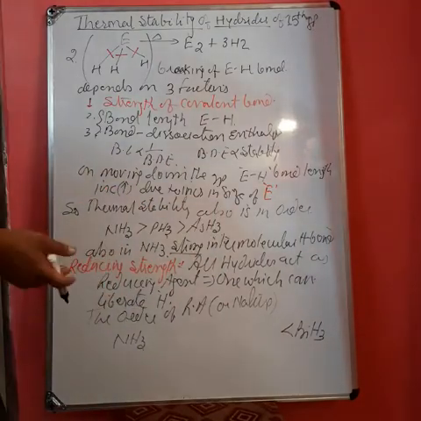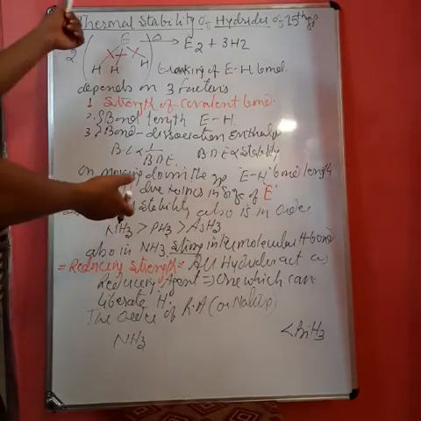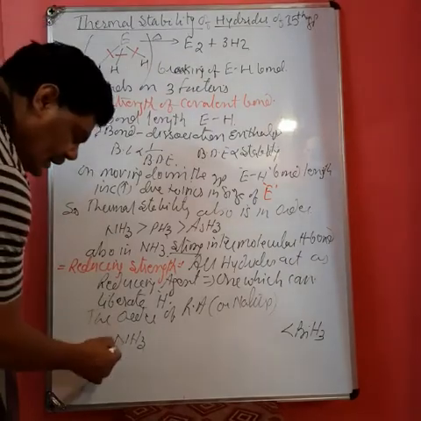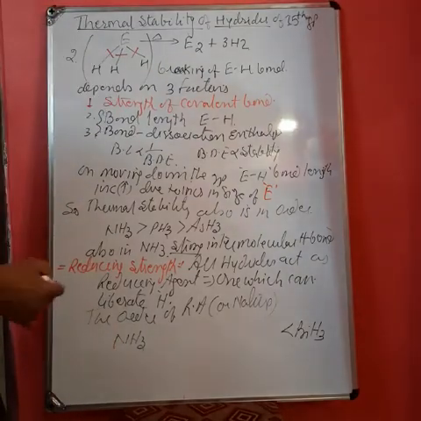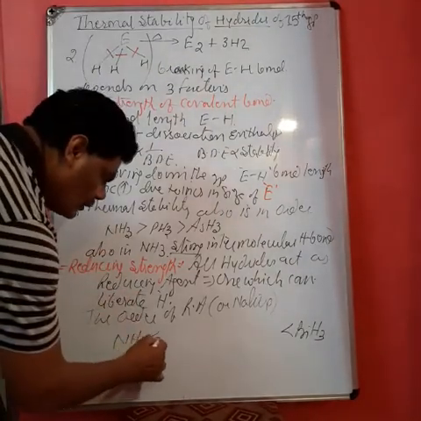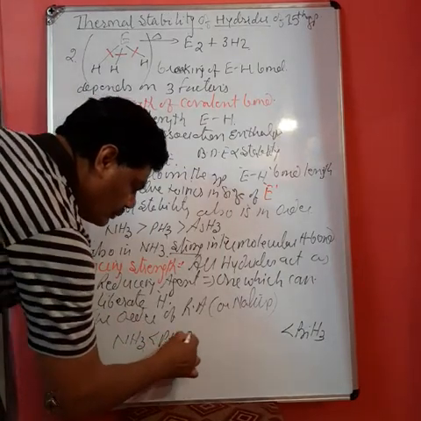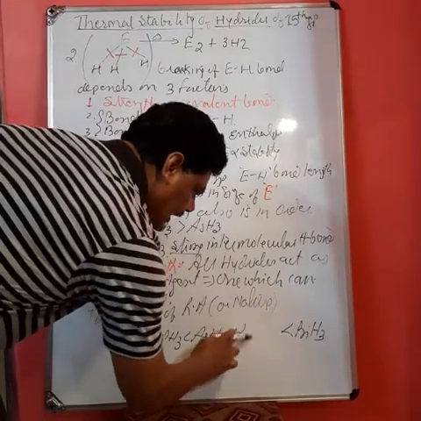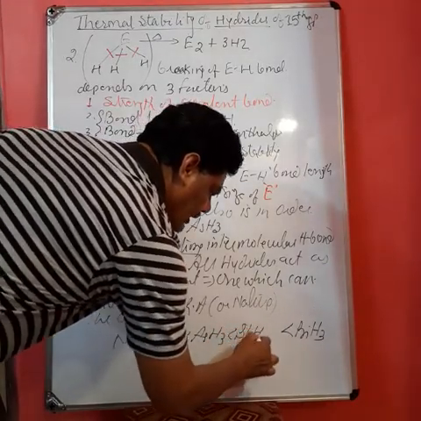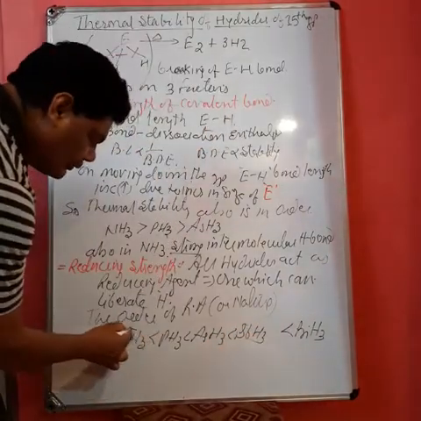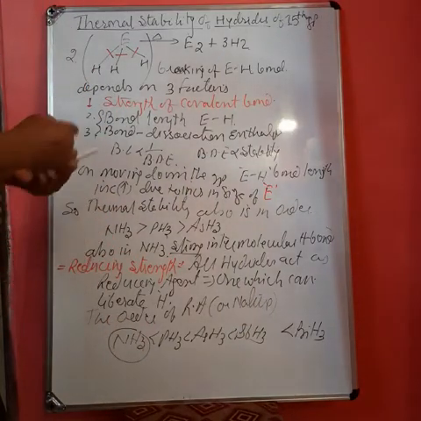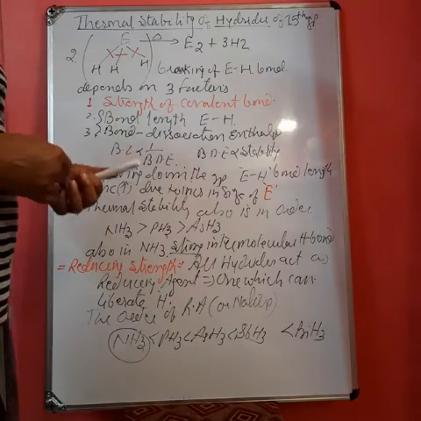The thermal stability and the reducing strength are inversely proportional. That means NH3 is the weakest reducing agent, PH3 is more, then AsH3 is even more, then SbH3 is even more. Simply understand here, the thermal stability is inversely proportional to reducing strength.